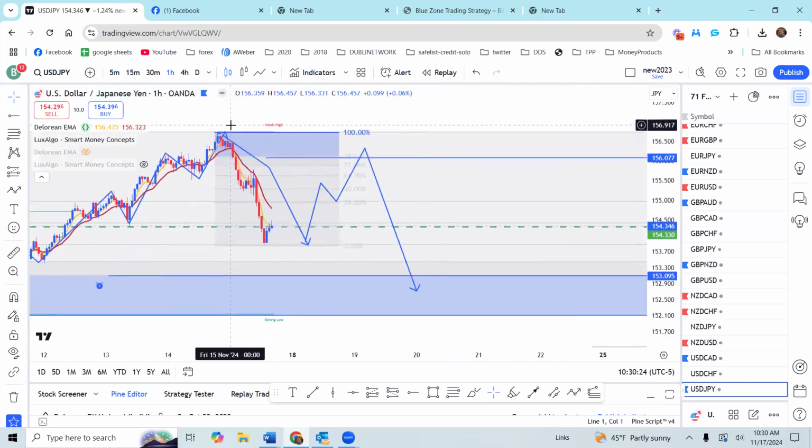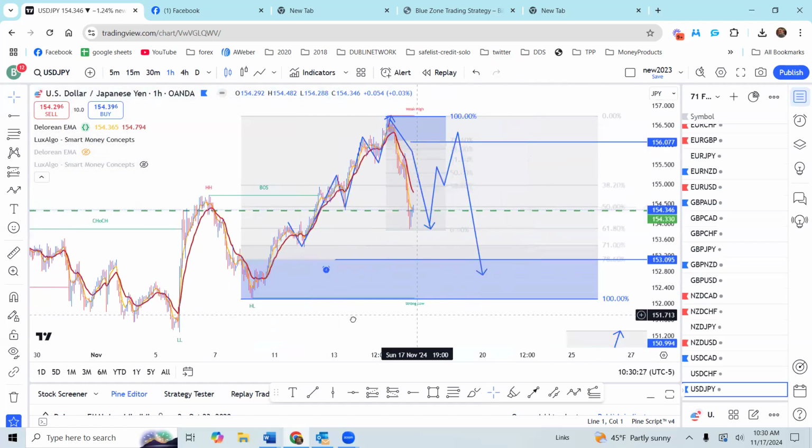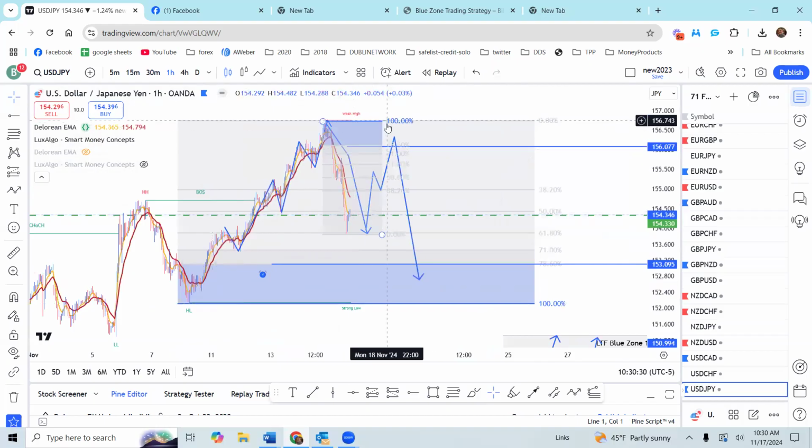And so like I showed you, just to do a quick review here, we drew out our higher time frame fib, which gave us our blue zone, right? Which is our higher time frame blue zone on the 4 hour chart, which is trading with the trend. As I told you, let's just put that here again so you understand that.